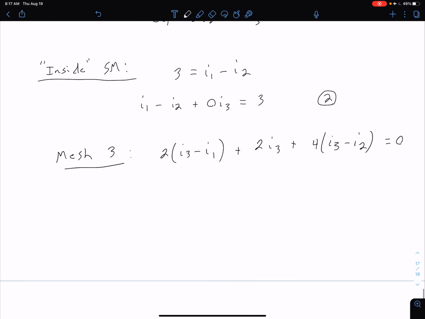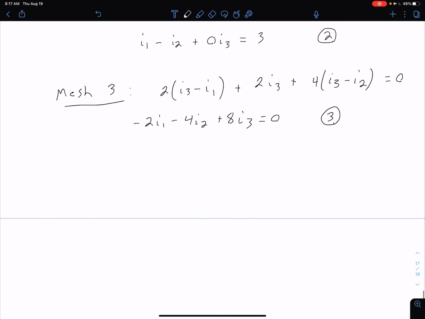So here we don't have to include any of those terms with a 0, because all of them are naturally there. So we just need to collect our terms. So we've got negative 2I1 minus 4I2 plus 8I3 equals 0, and we'll call that equation 3.